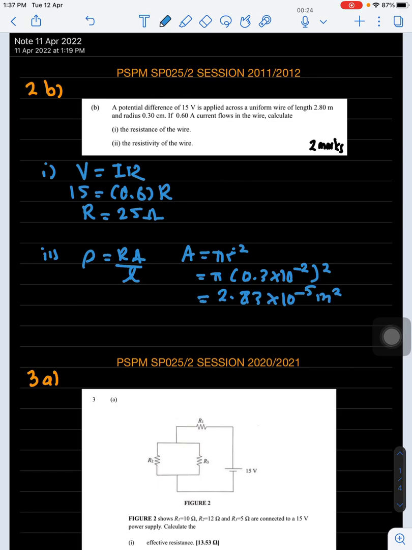Insert the area into the equation here. Okay, so we get the value of rho equals 2.52 times 10 to the power of -4 ohm meter.